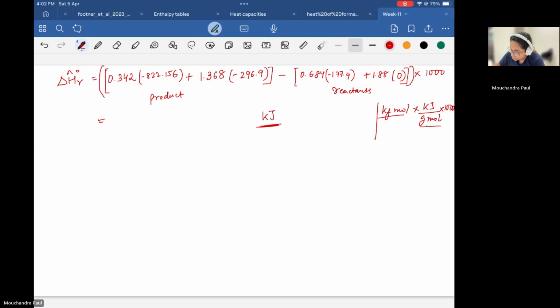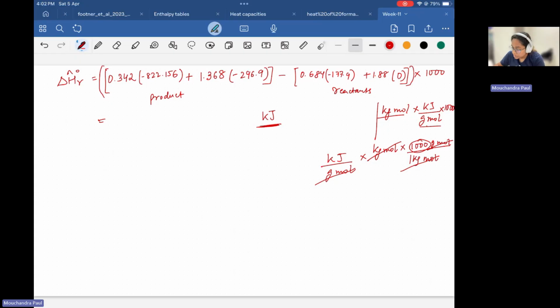Why? Because 1 kg mole is equivalent to 1000 gram moles, and we have kilojoule per gram mole. So gram mole gets cancelled, and this 1000 value remains.